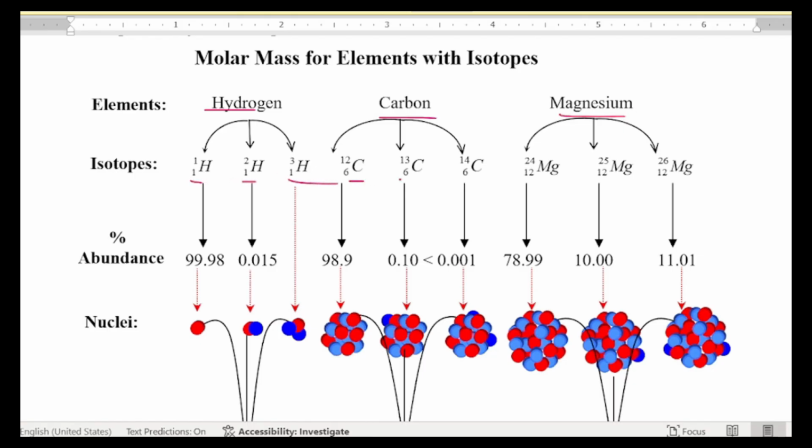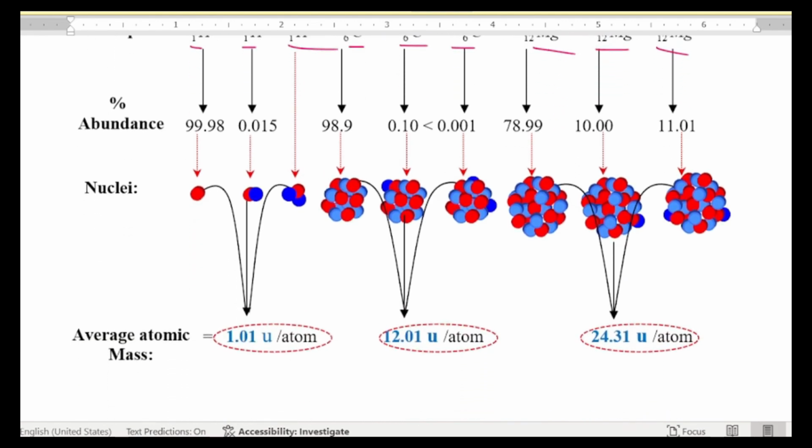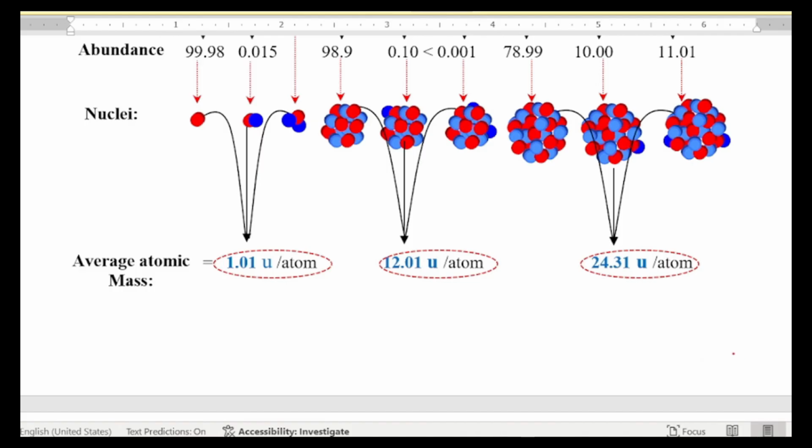These are 3 isotopes of carbon, magnesium, and here are their isotopic abundance. And of course, I show you how to do it for carbon. You can do it for magnesium, you can do it for hydrogen, where you find the average mass. And when you do that, these are the values that will ensue. And this is how now you will know how to find the molar mass for each of these.